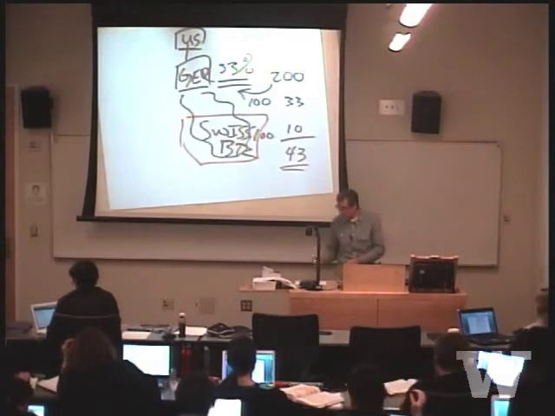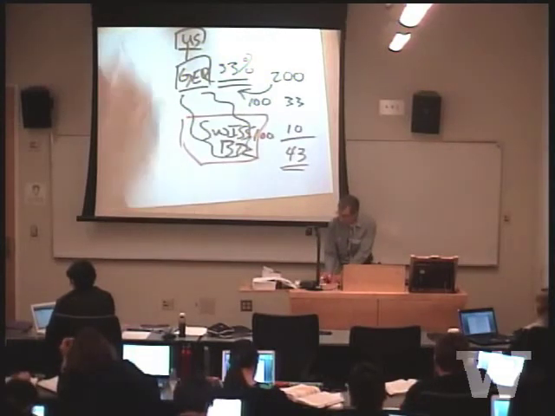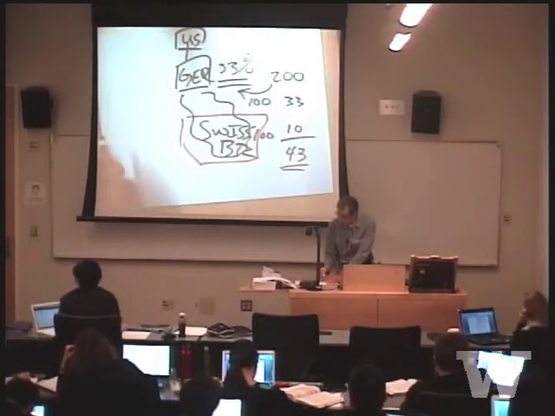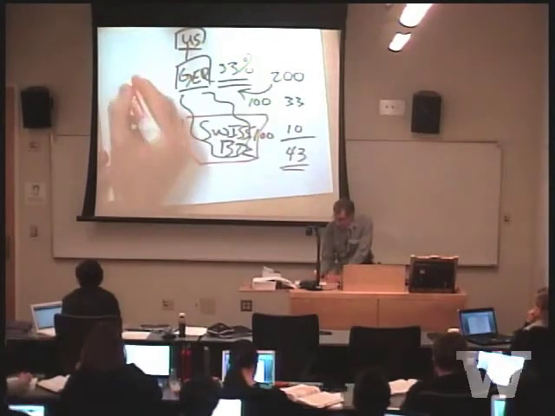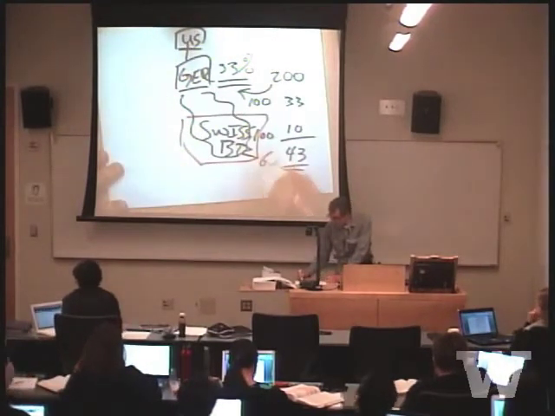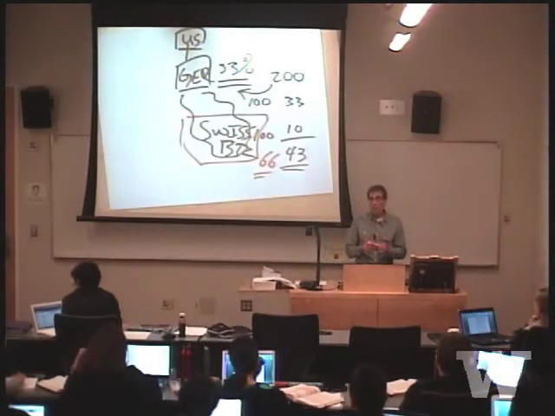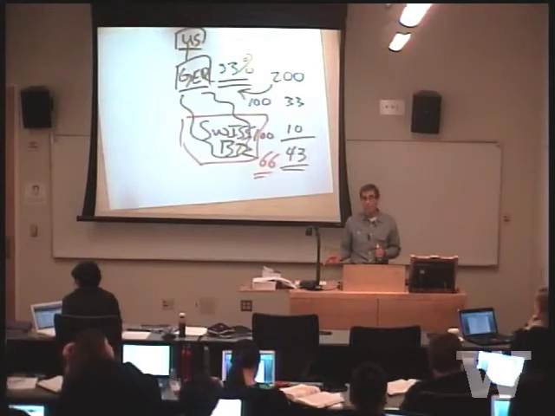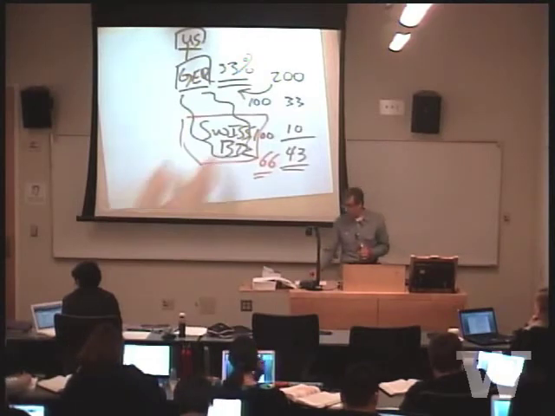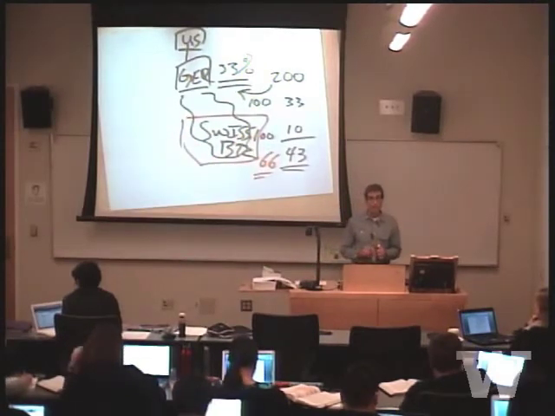So we see that if all of it were in Germany, then it would have been a total tax of 66 instead of 43. So this did have the effect of reducing foreign tax, and therefore we have to treat this branch as if it's a separate company.